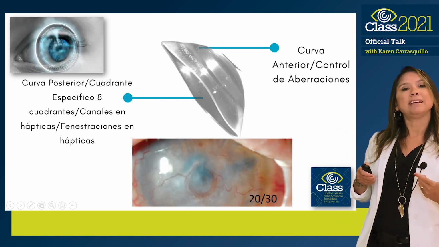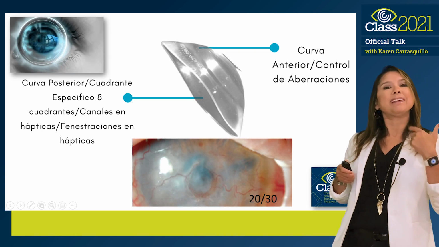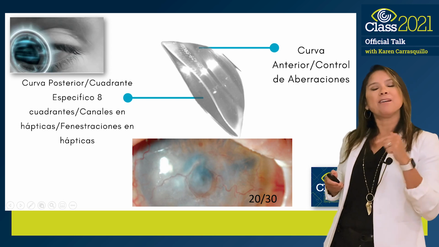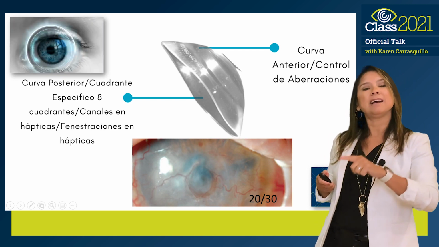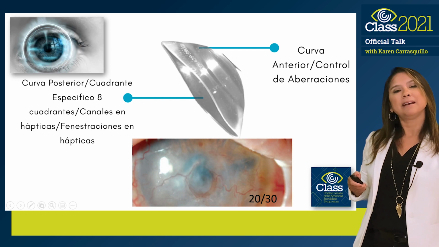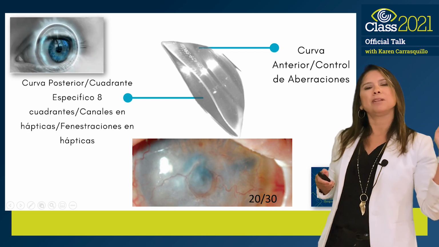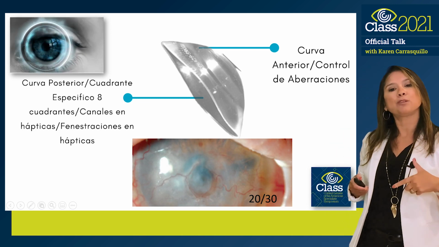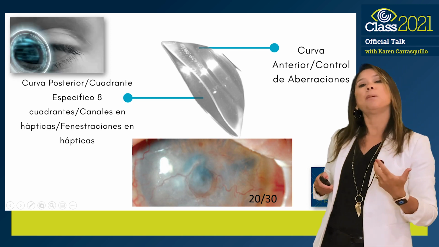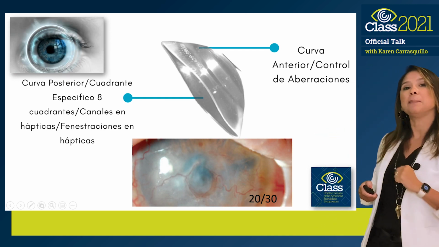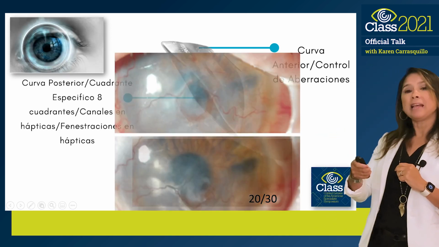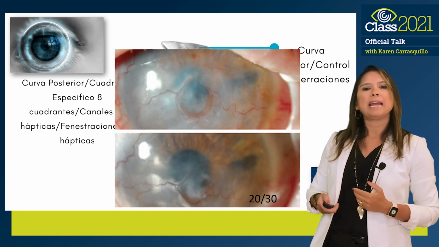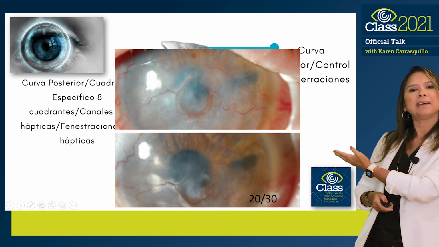And when we used this approach and we were able to challenge ourselves, we were able to bring this cornea to 20/30, which was the visual acuity that this patient saw before this corneal melt. And with this approach of minimizing suction, we do not have the presence of edema, as we can see in this image, and after 4 months, we can see that these corneas have a clearance.